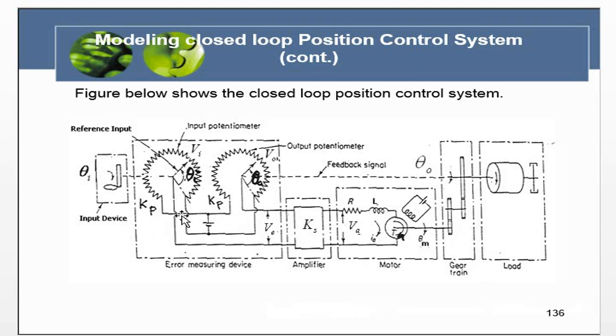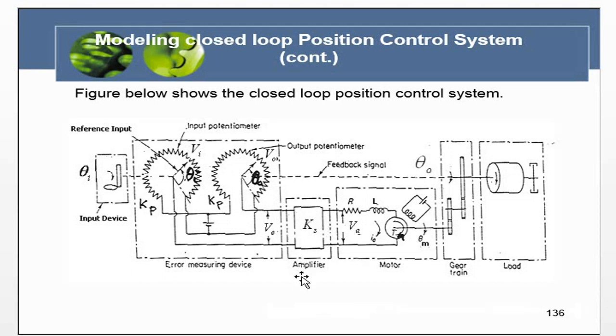There are two potentiometers here. First, there is the input potentiometer to change the input variable into an electrical signal, and then the output potentiometer to change the output theta into an electrical signal.